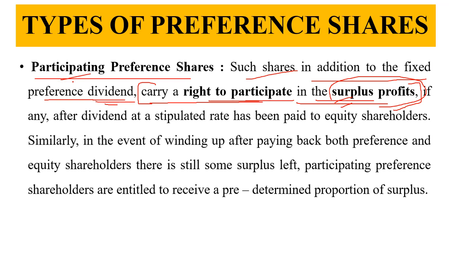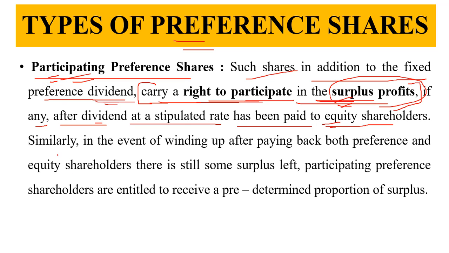So the participating preference shareholders get the fixed dividend, along with a right to participate in the surplus profit, if any, after dividend at a stipulated rate has been paid to the equity shareholders. First preference in receiving the dividend is given to the preference shareholders, and after that the equity shareholders get the dividend amount. So the right to participate in the surplus profit is given to the participating preference shares.